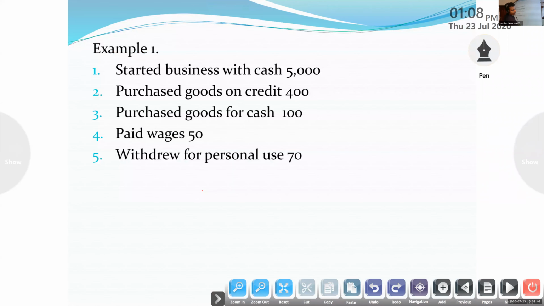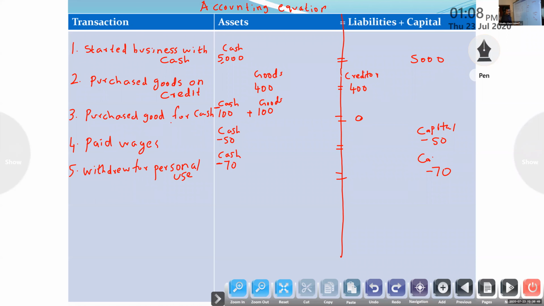So over. Now, after completing all the transactions, you have to write the accounting equation. Here I said, you take the assets side: 5,000 plus 400, 5,400, minus two items, 50 and 70.